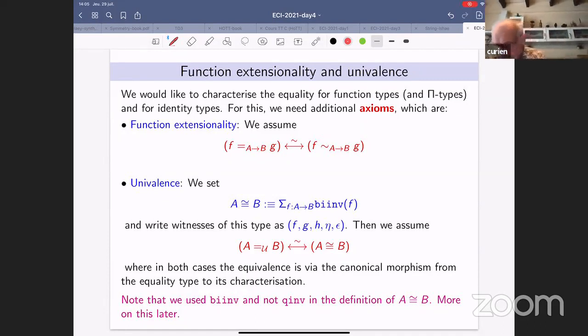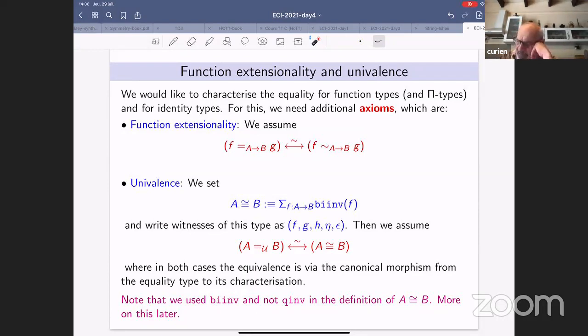Okay, so my first reminder is to recall the 2 axioms that we add to our basic type theory. The first one is function extensionality, which can be viewed as a characterization of the propositional equality for function types. It asserts that this is exactly the notion of homotopy that we discussed: for all x, f x is propositionally equal to g x.